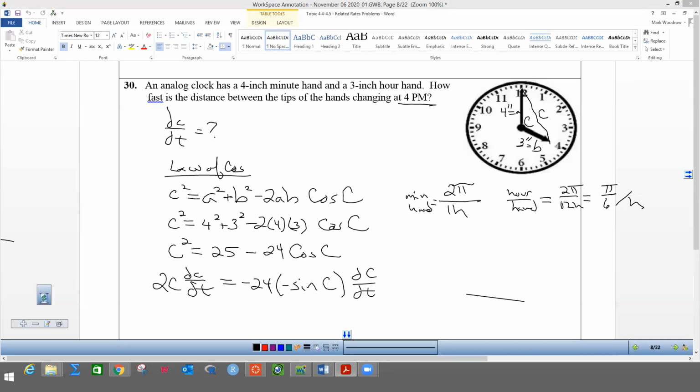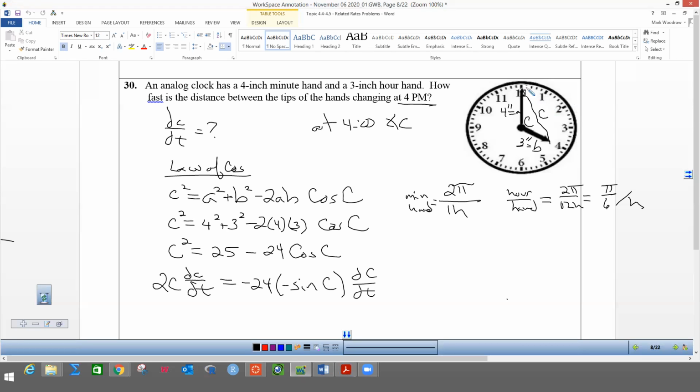Okay, so what we need to do is figure out what little c is too. We need to find little c. Well, let's find the angle. Let's find what angle C is exactly at 4 o'clock. We want to find this angle right here at 4 o'clock. So we're going to use what we know about how far it is between each minute.